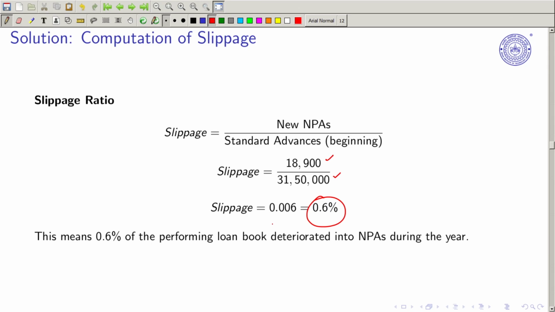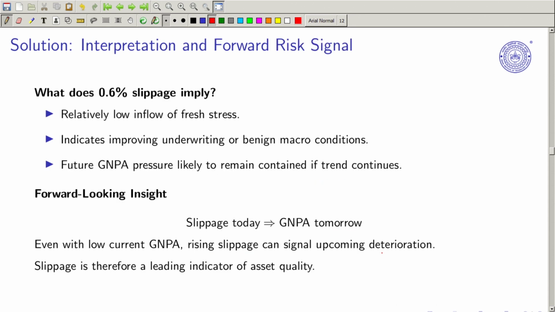This means that 0.6% of the performing loan book deteriorated into NPAs during the year, which means that only 0.6% of the performing loan book has gone bad, and overall it looks like slippage is only minor. So what is the meaning of 0.6? Because these are new topics, I thought I should give you details.